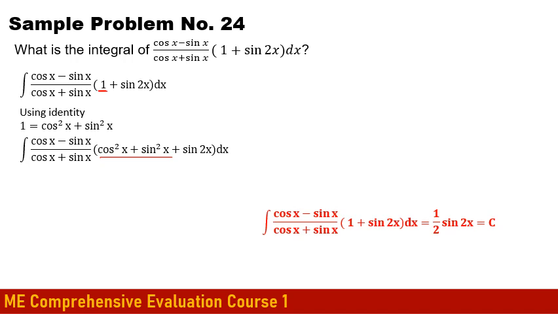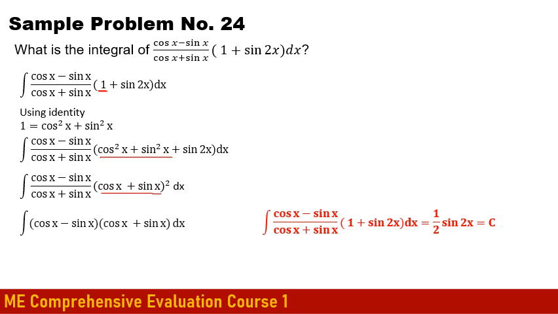If you look at it, this will become a perfect square binomial. So that's why we can replace this instead with (cosine x plus sine x) squared. Then we can cancel out the cosine x plus sine x here, and this one will become a power of 1.